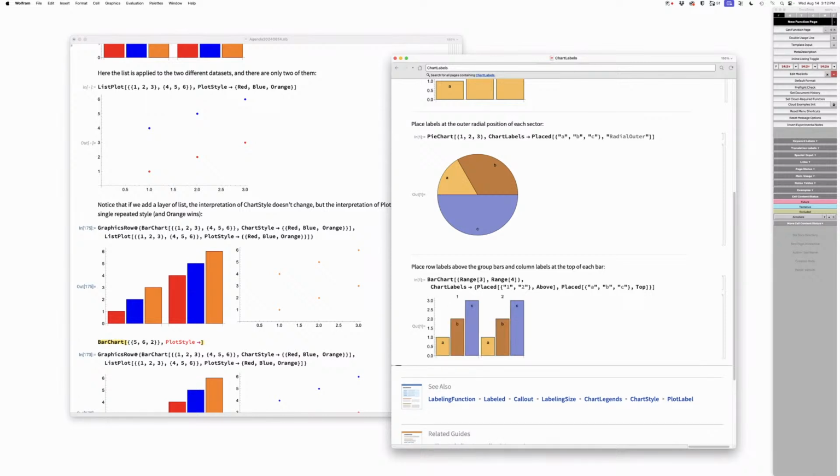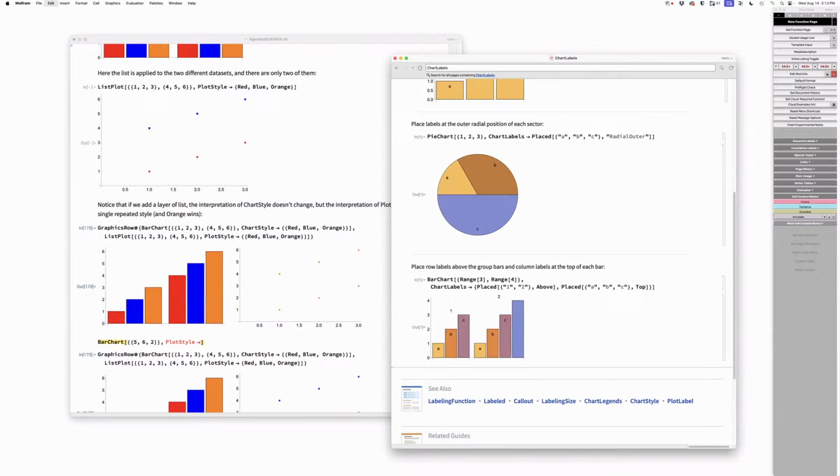Oh, also the height of the chart changed. Yes, I think that's the reason it changed. I don't think that's that heinous, but the whole issue is that charts are hierarchical. ChartLabel functions and ChartStyle functions are hierarchical. I'm sure I knew that once, but I did not remember that.